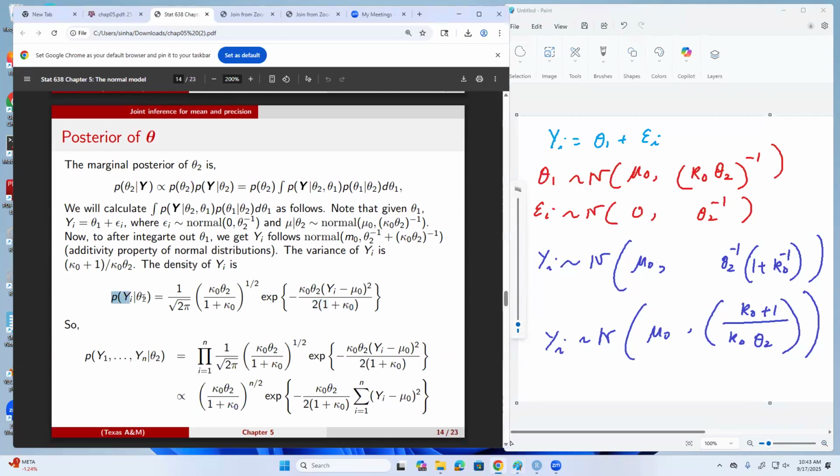So this is the marginal density of yi given theta 2.